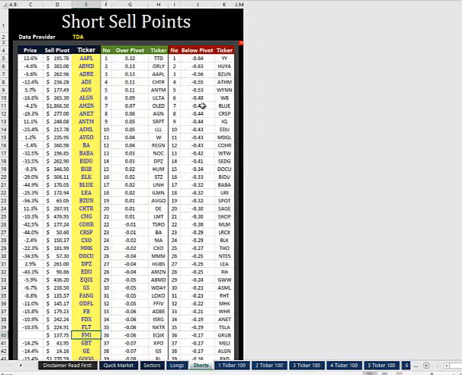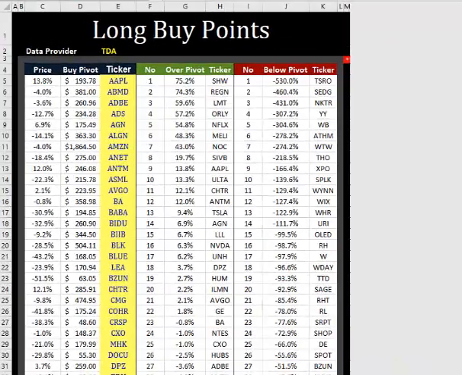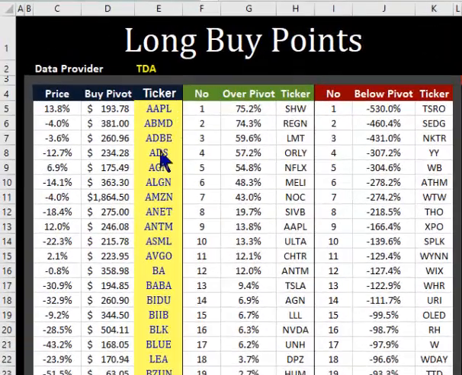All these pages are very similar. You have data, then it ranks them automatically through a continuous loop. You can quickly see how much above or below the pivot point you are. These are long buy points. You put the ticker number in and the buy point that you're interested in getting long, and it will automatically sort and keep track of how close or how far away you are from that buy point.